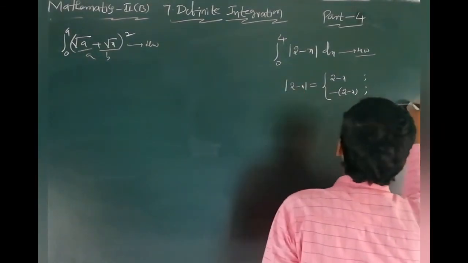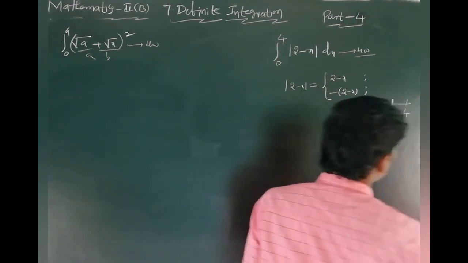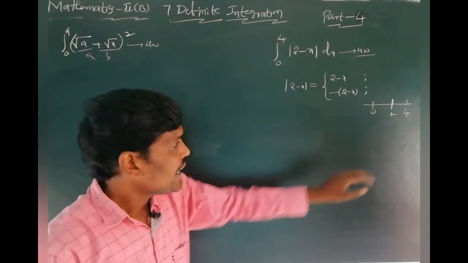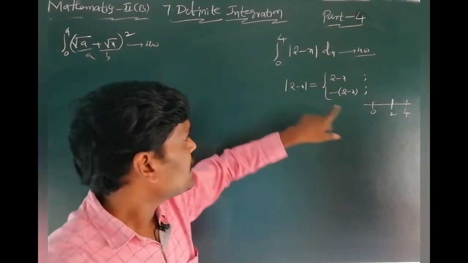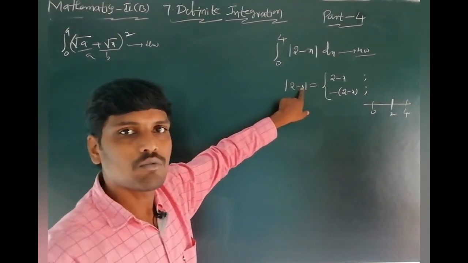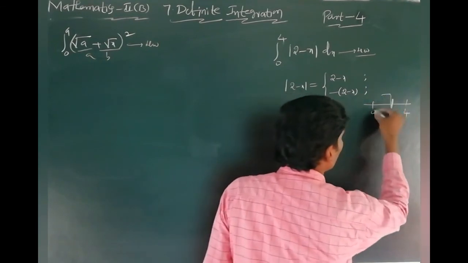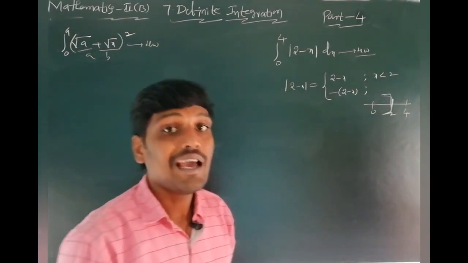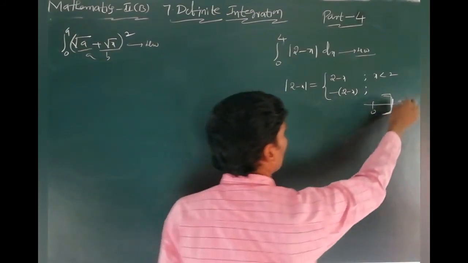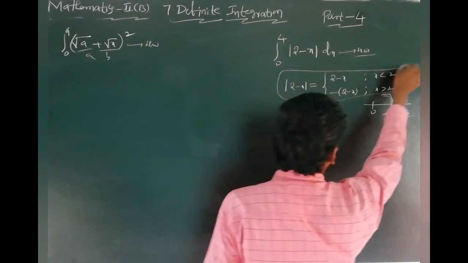Suppose this 0 to 4 interval is divided into two equal parts. In this interval 0 to 2, nothing but 1, 2, here we can write 2 minus 1, 2 minus 0. Here less than 2 are always positive values. Greater than 2, the opposite, always negative values. That's why you can use this condition.